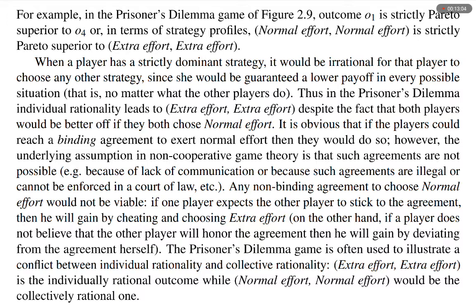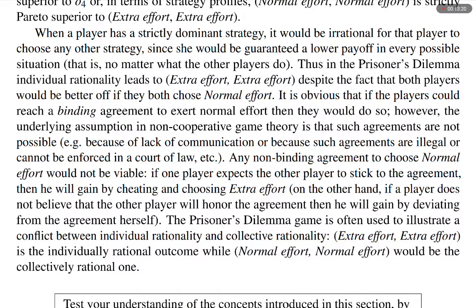It is obvious that if the players could reach a binding agreement to exert normal effort, they would do so. However, the underlying assumption in non-cooperative game theory is that such agreements are not possible, for example, because of lack of communication, or because such agreements are illegal or cannot be enforced in a court of law, etc. Any binding agreement to choose normal effort would not be viable.